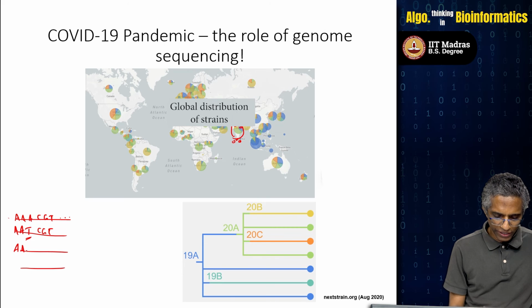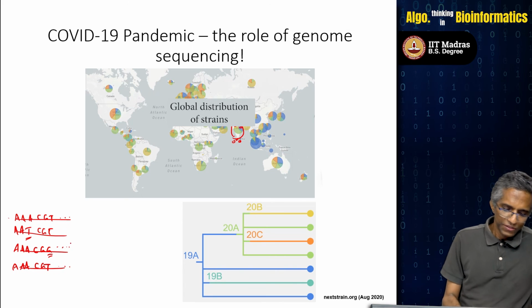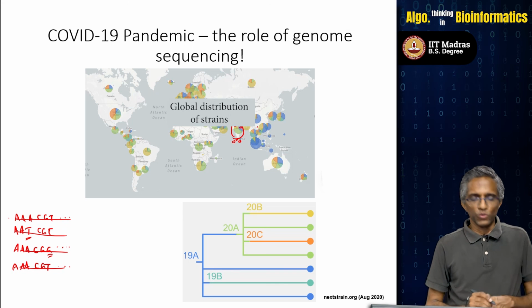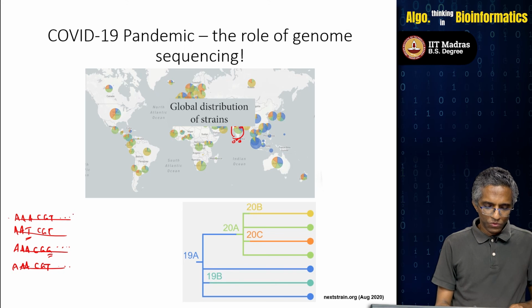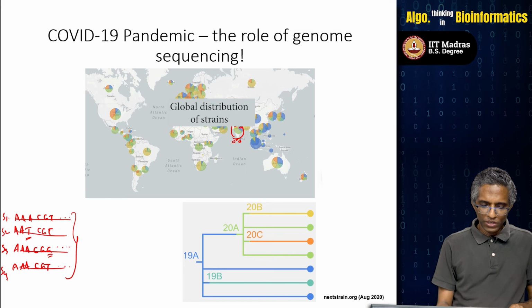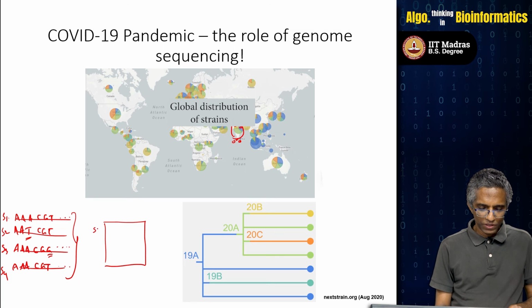This may be AAA, CGG with G being changed. This may be the same as the first virus. You have all these different samples from different parts of the region that you are interested in. This is sequence 1, sequence 2, sequence 3 and sequence 4, and you convert it into a distance based matrix, a 4 cross 4 distance based matrix.